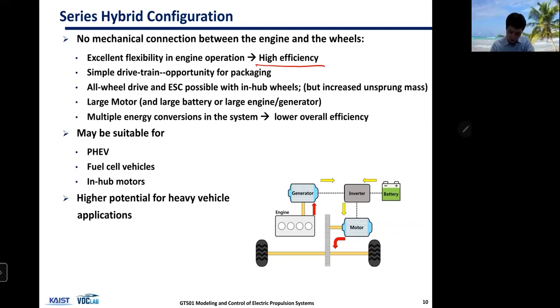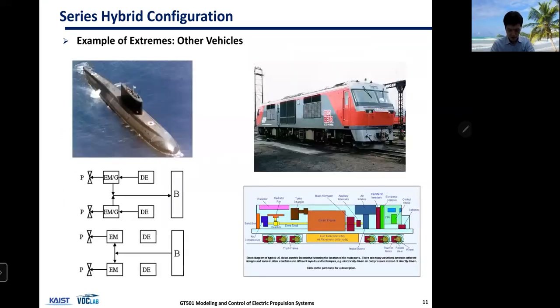And this may be suitable for plug-in hybrids, fuel cell hybrids, or other special vehicles, such as these examples. They use series hybrid configuration because of these advantages we talked about.